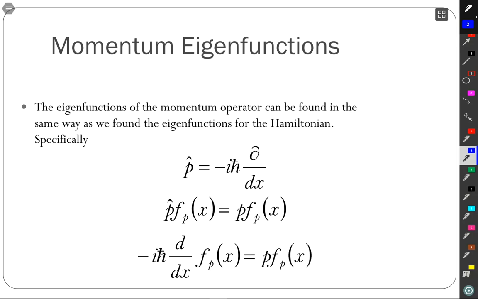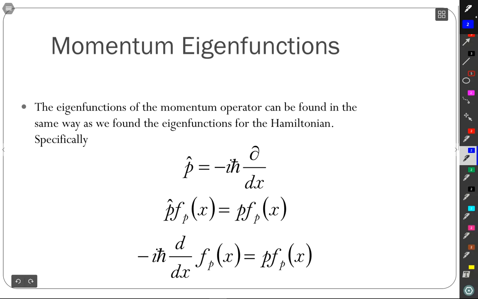By definition of the eigensystem, my P operator acting on its eigenfunction needs to give me my P value, so that's why this P doesn't have a hat on it, times the same function.